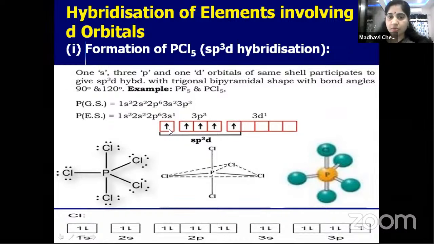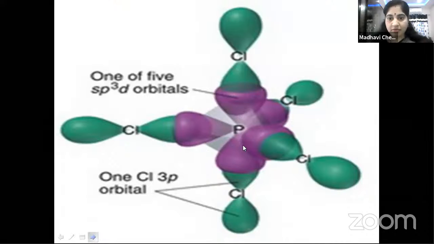Now 1 s orbital, 3 p orbitals and 1 d orbital, so they overlap, they intermix together and they form the 5 sp3d hybrid orbitals. You can see in this figure, children, clearly. So 5 sp3d hybrid orbitals, 1, 2, 3, 4, 5. So total 5 sp3d hybrid orbitals.